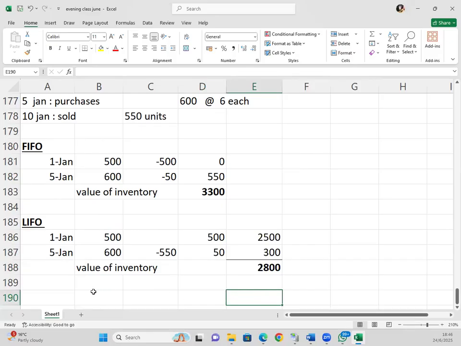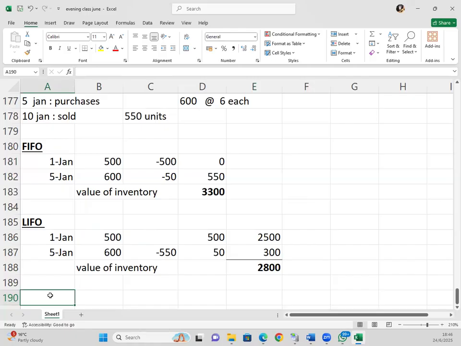Then let's assume these are liquids. Let's say 1 January you had 500 liters, and 5 January you again bought 600 liters, and you're pouring them in the same tank. If these are liters and you're pouring them in the same tank, you can't tell the liquid now that I'm selling is from which batch because they get mixed up.